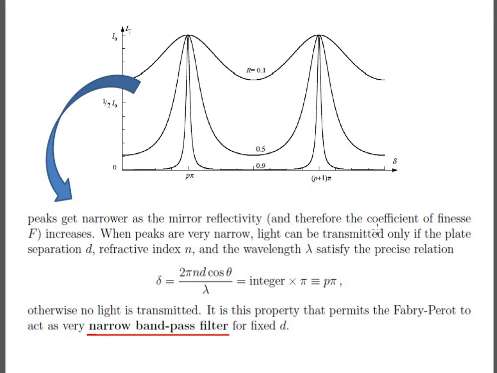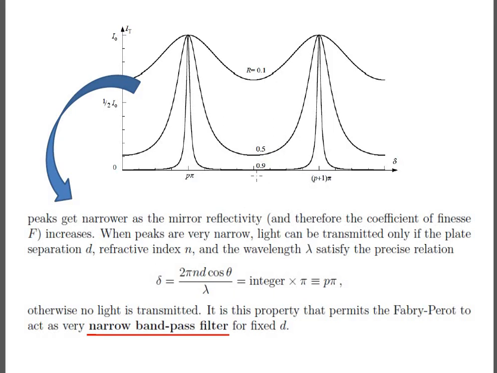Now, when the peaks are very narrow, light can be transmitted only if the plate separation d, the refractive index and the wavelength satisfy this relation. Otherwise, the intensity is transmitted only at this value and no other value. So otherwise no light is transmitted; you see, the transmitted intensity is 0 here.